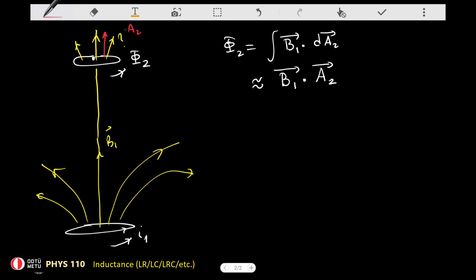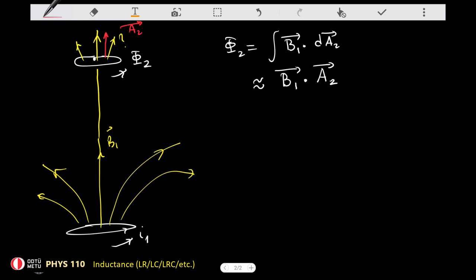I'm going to write A2 in there. I don't have much space left. You can see that the magnetic field and A2 are in the same direction. Therefore, the flux would be positive if the current is positive. That's basically equal to B1 multiplied by A2, so B1 times the area of the second circuit.